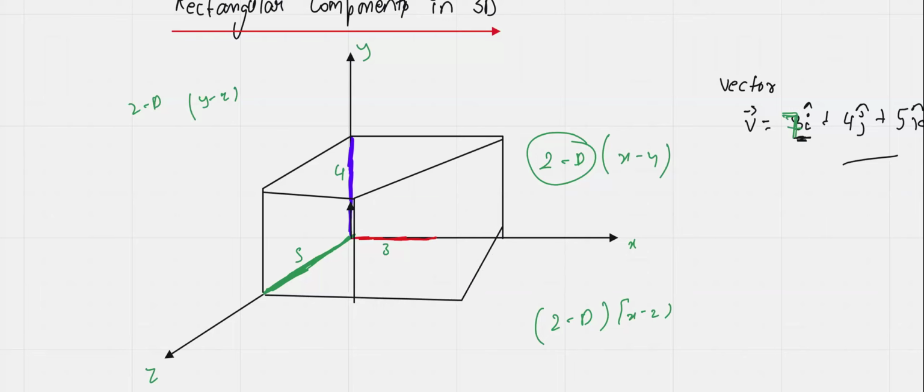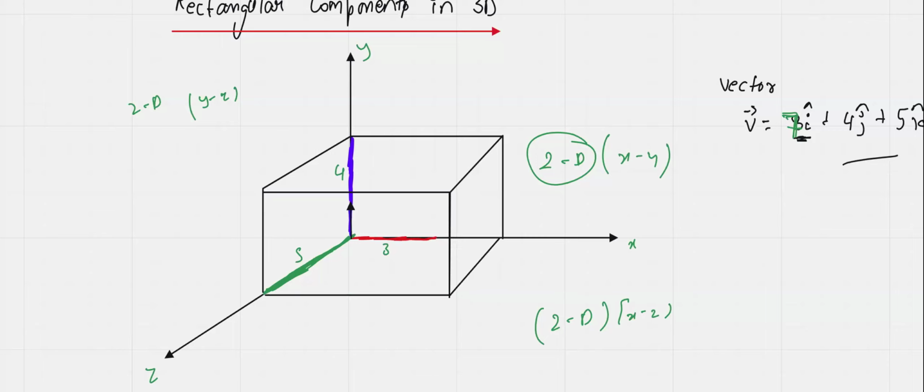This point is supposed to be here. Now you can see this is my extraction, okay, y direction, and it comes up to this z direction. Now it makes more sense.